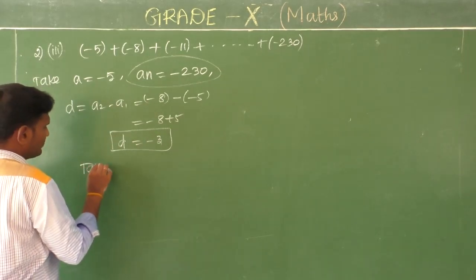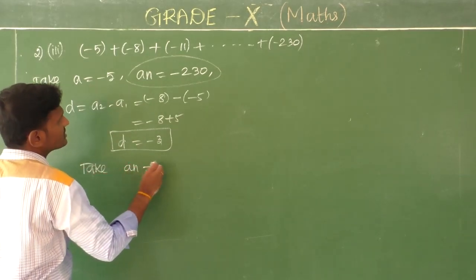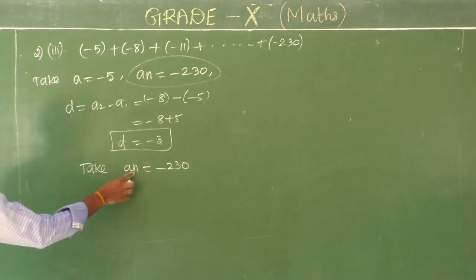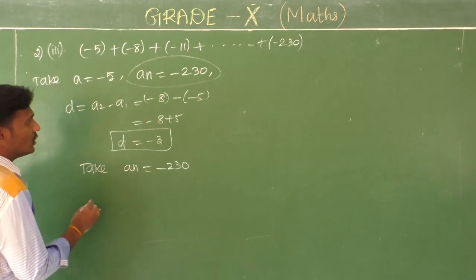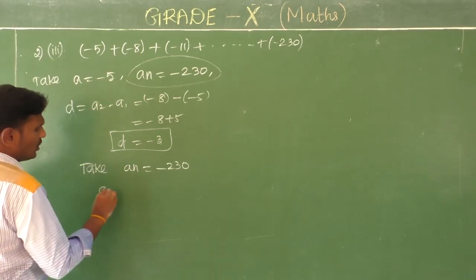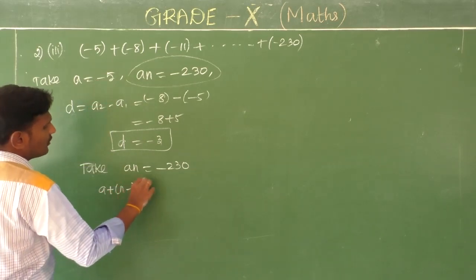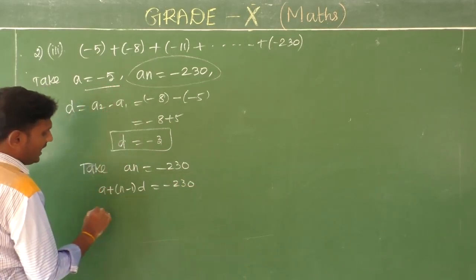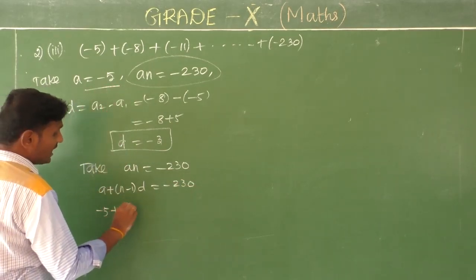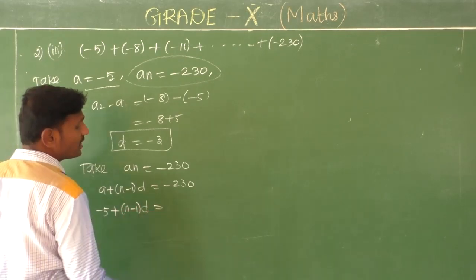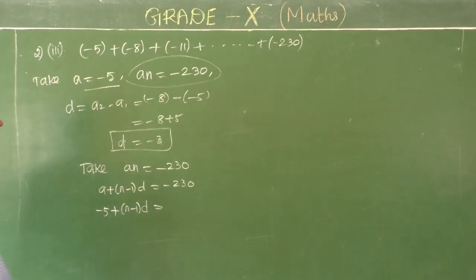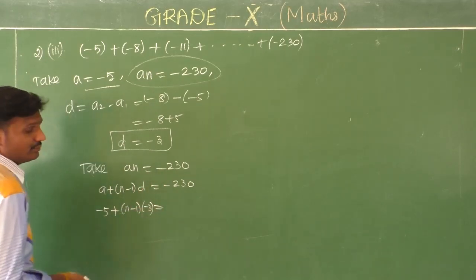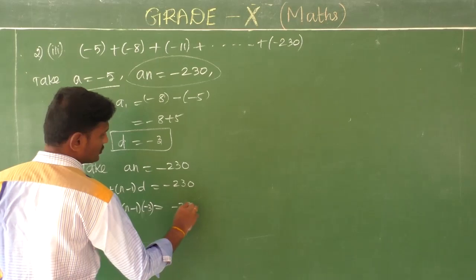Yes? Okay. Now first we want to find the number of terms by using an. So take an which is equal to minus 230, and you should use the formula for an: a plus n minus 1 into d. Now we are going to substitute the value of a is minus 5 plus n minus 1 into d, already you know the value of d, no? So that's also you are going to substitute. Which is equal to minus 230.